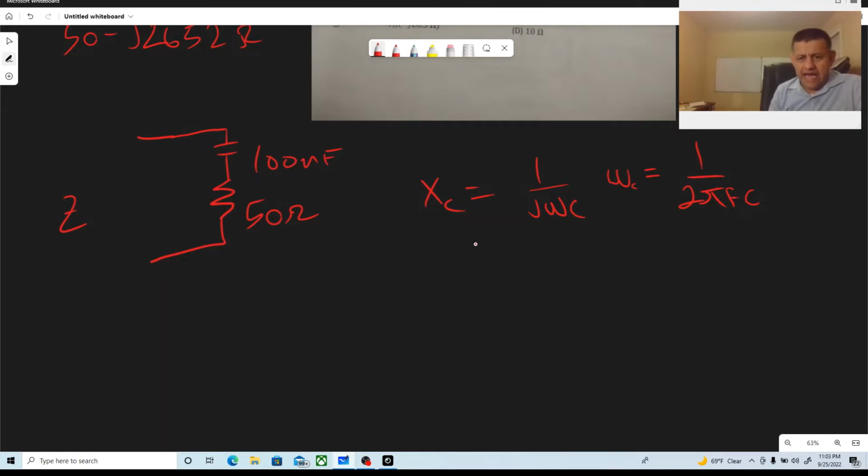So in other words, XC is equal to 1 over 2 pi times the frequency, which is 60 hertz, times 100 times 10 to the minus 9.